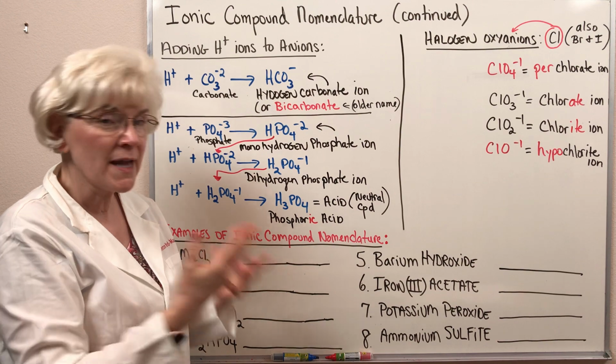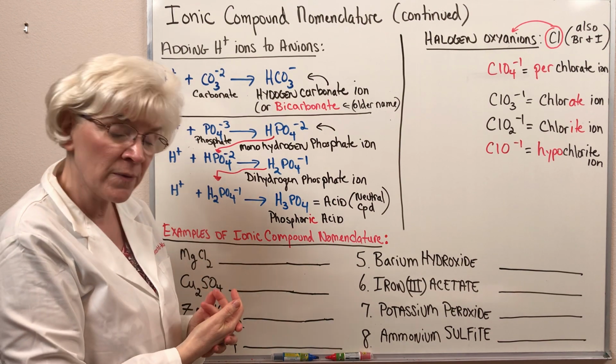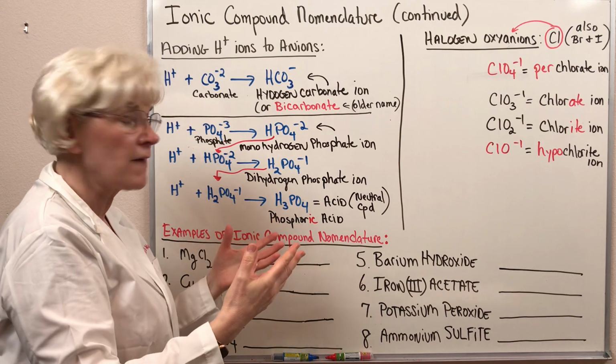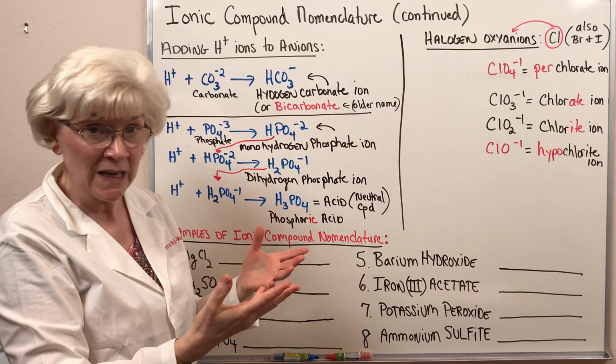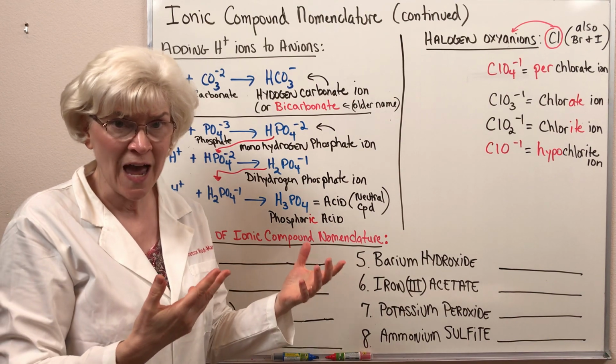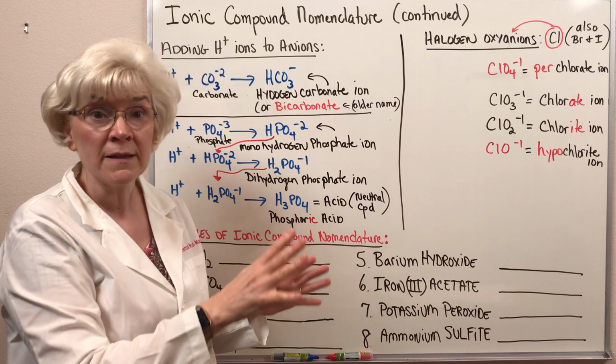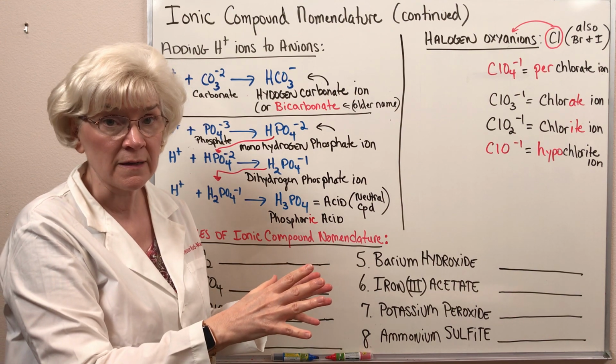I remember many years ago when I was first learning about ionic compound nomenclature myself, I felt that a whole new world was beginning to open for me when I looked at products around the house, and all of a sudden when I looked at the ingredient label, the names meant something to me.